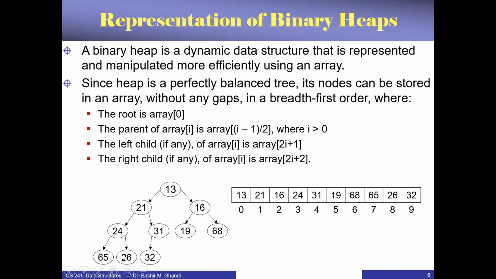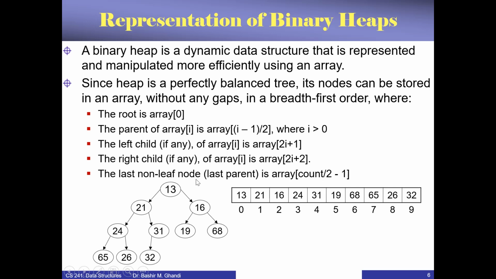And as you can see, 26 is really the right child of 24. All right, we're going to find this formula very useful when we come to insertion and deletion.